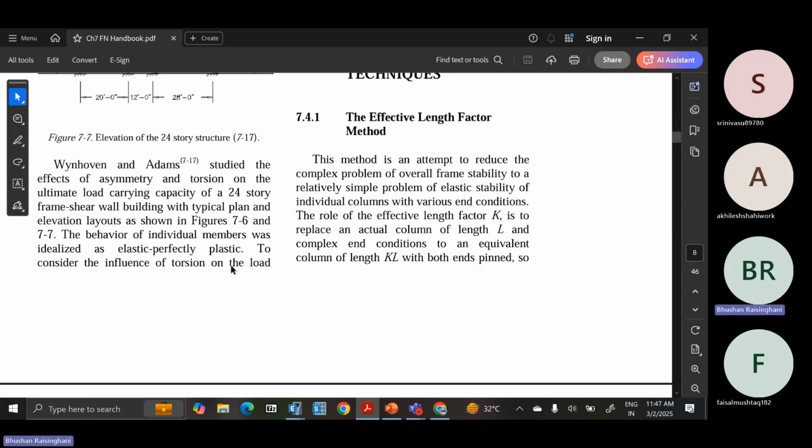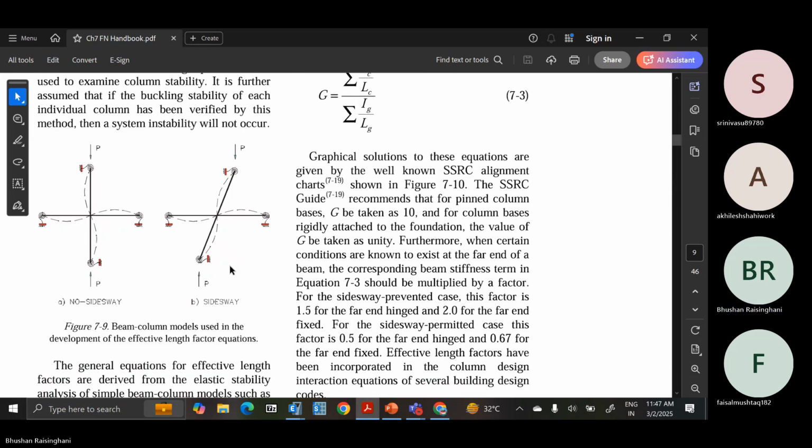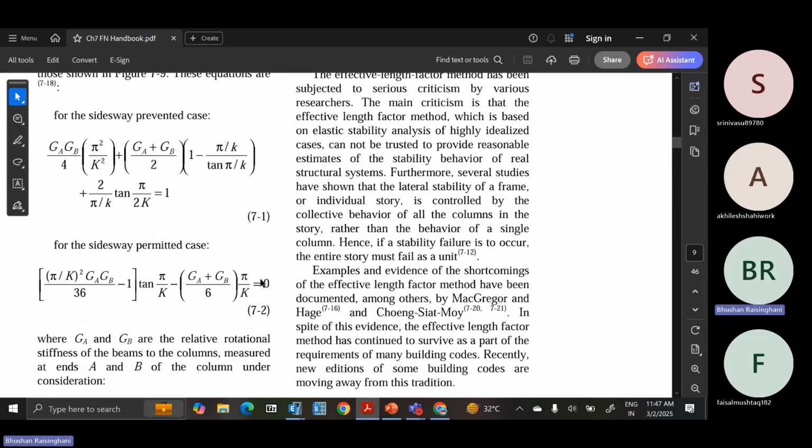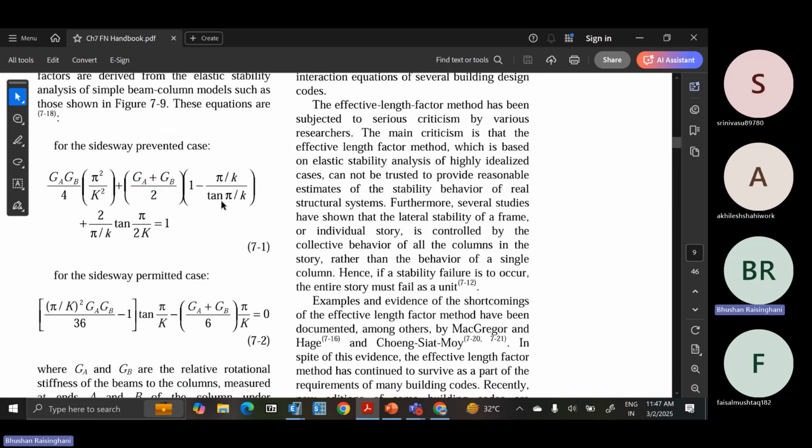So K into L is the effective length of the column. So this should be equal to 1 or it should be equal to 0. From that, you will obtain whether it is a sideway permitted case or a prevented case. So mostly it depends upon the relative stiffness of the column on both sides of the beam.